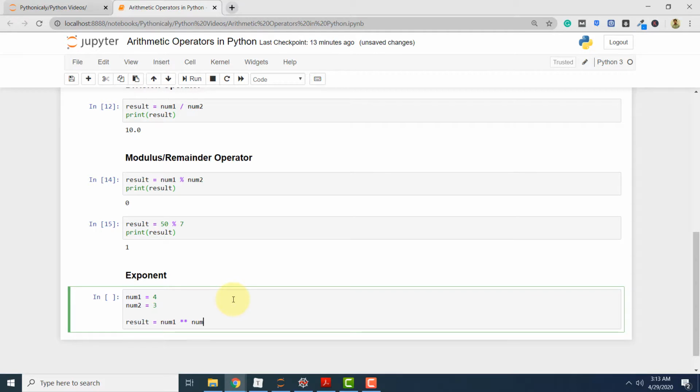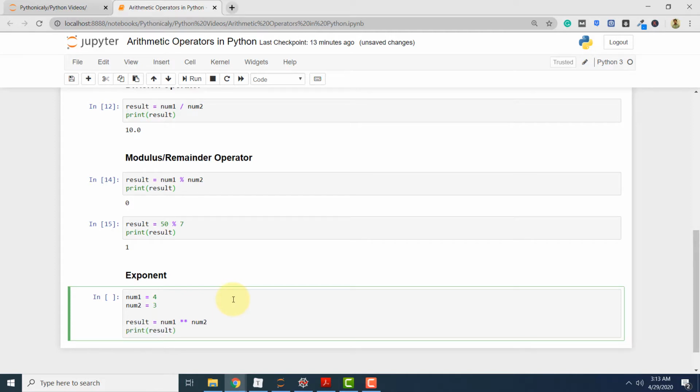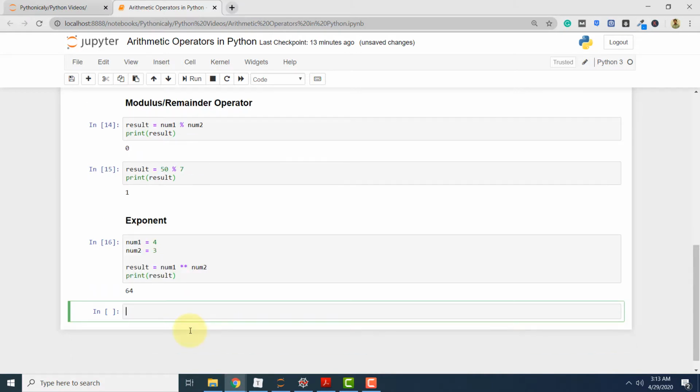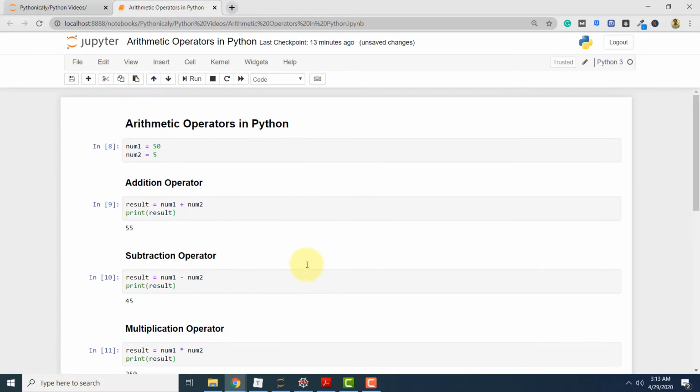That means you want to take the exponent of 4 to the power 3, and print result. It should be 64, because 4 into 4 into 4 is 64. Yes, it's 64. So these are the arithmetic operators in Python.